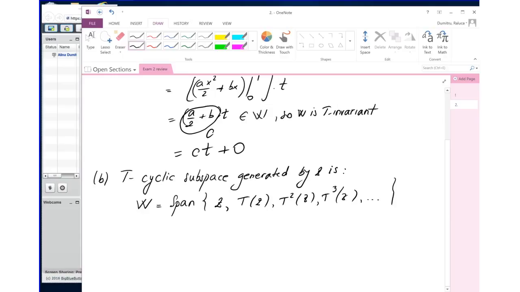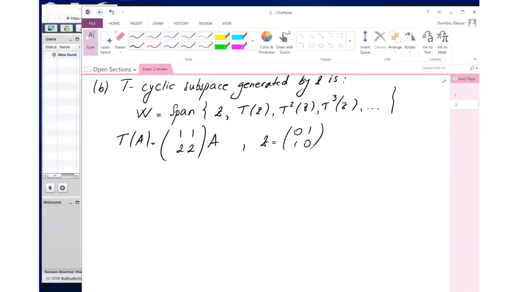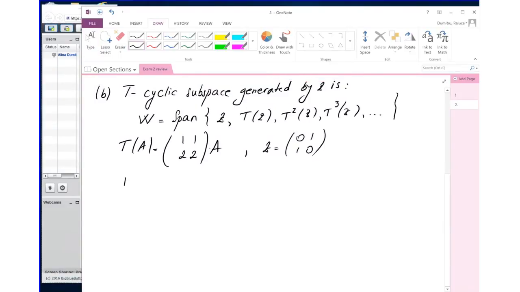Dot, dot, dot. All those things are in there. Let me write the function again. T of A is 1, 1, 2, 2 times A. See? And Z is the matrix 0, 1, 1, 0. Okay, that's the first element, so we need to find T of Z first.